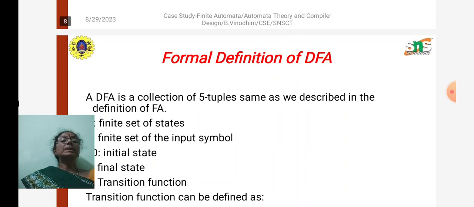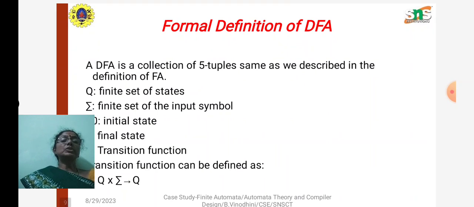Next is the definition. A DFA again has a 5-tuple. Q is a finite set of states, sigma is a finite set of input symbols, delta is the transition function, q0 is the starting state, and F is the set of final states.